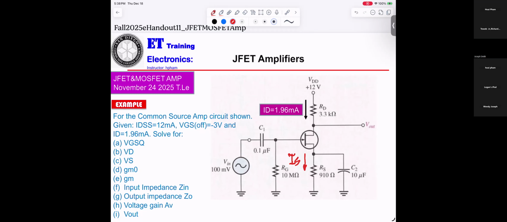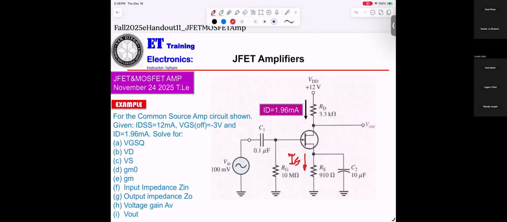Who can tell me? The current IS and ID are the same. Exactly. Remember, in a JFET, ID and IS will be the same. So ID equals 1.96 milliamp, IS will be the same, 1.96.